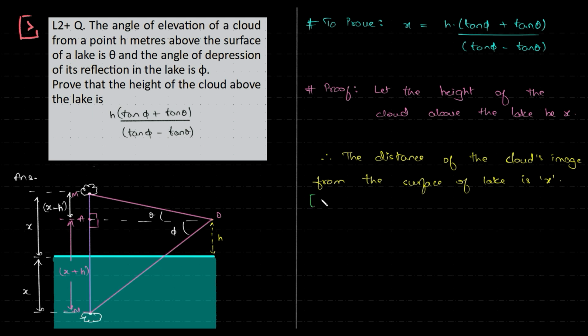Reason, why is it so? Because image distance is equal to object distance, as the surface of the lake acts like a mirror.